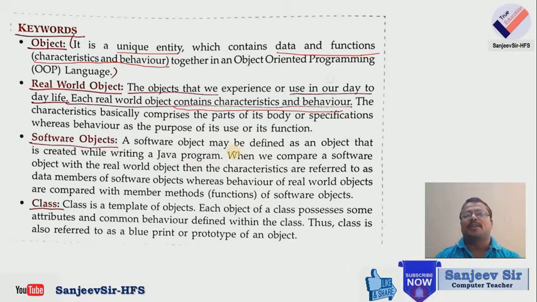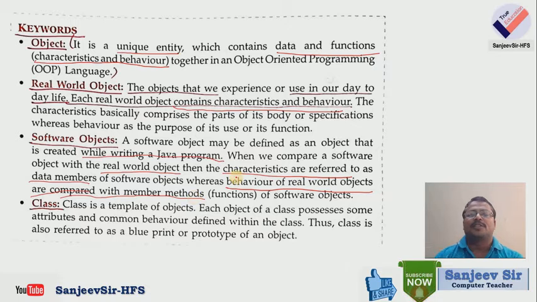A software object is when, while writing the Java program, we define that object, and we write the real world object's characteristics, which are referred to as data members. And the behavior of real world objects is compared with member methods.